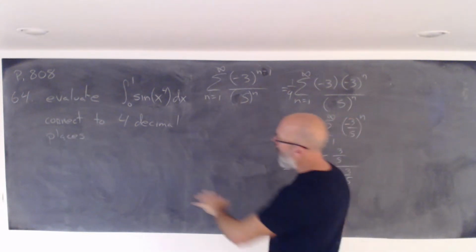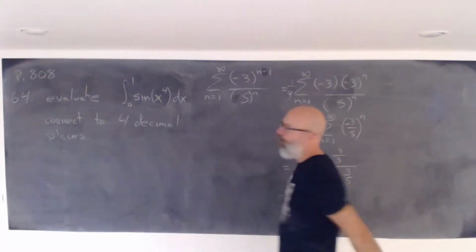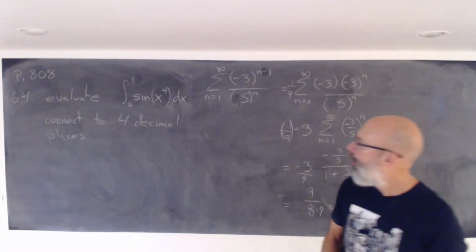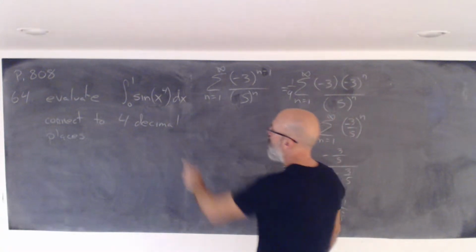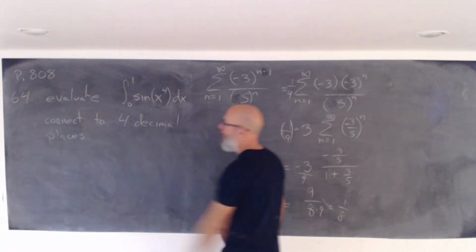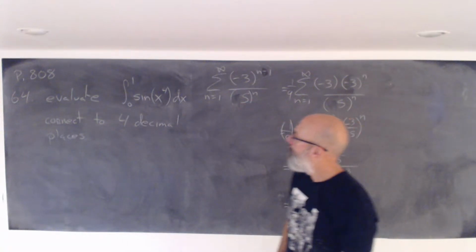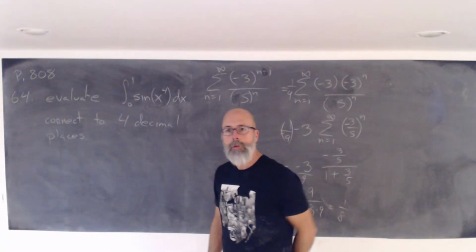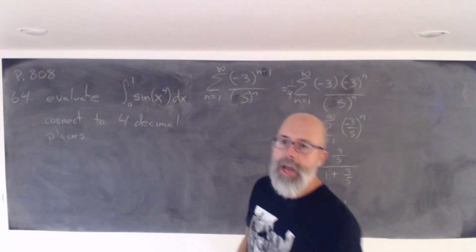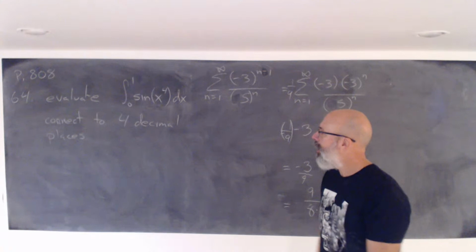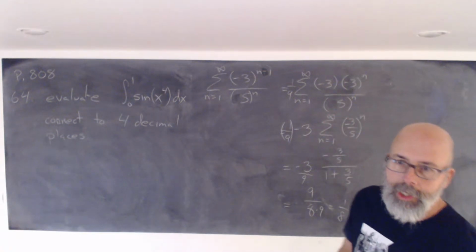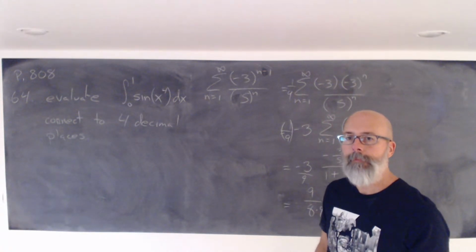But we're still able to evaluate an approximation to this, correct to 4 decimal places. What are you going to do? Exactly, we're going to express sine of x to the 4 as a Maclaurin series.